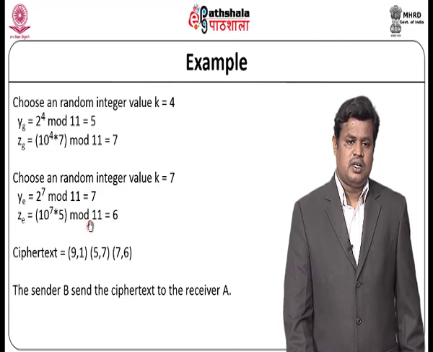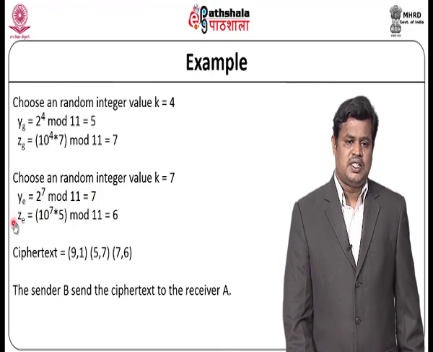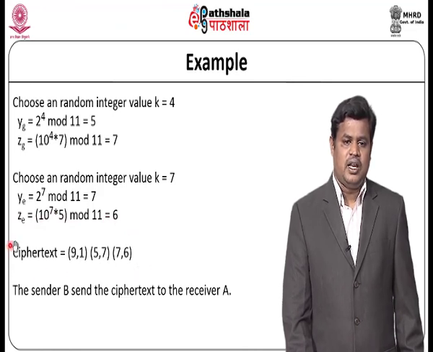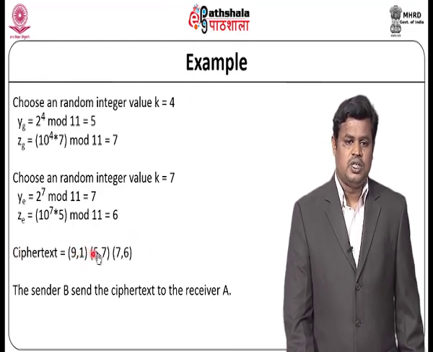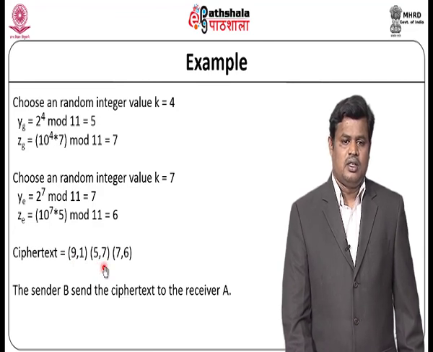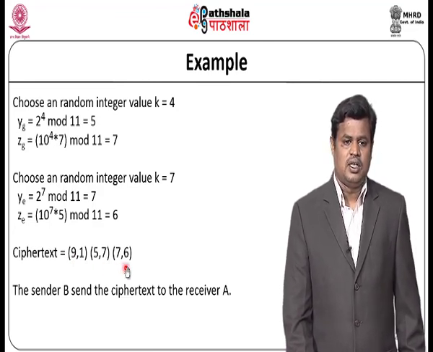So here YE is equal to 2 power 7 mod 11, which is 7, and similarly ZE is 10 power 7 into 5 mod 11, which is equal to 6. Now Alice is ready with 3 sets of ciphertexts: C1 C2, C1 C2, C1 C2. For the first letter A it is 9 comma 1, for the second letter G it is 5 comma 7, and for the third letter E it is 7 comma 6. So now she sends this information to Bob.